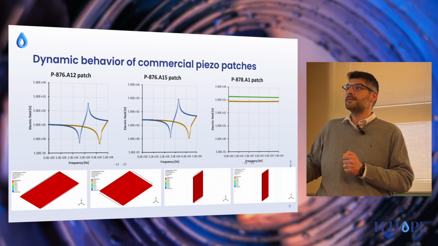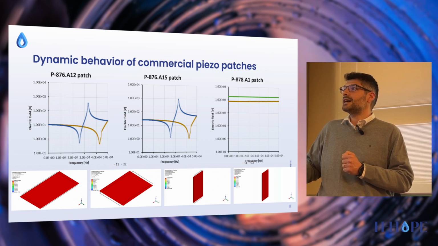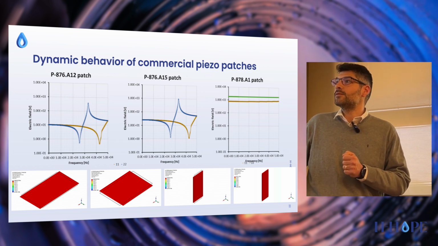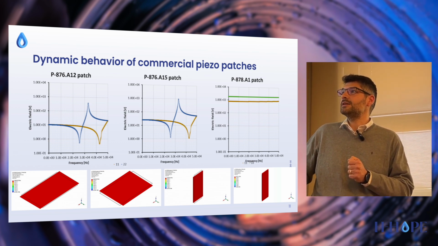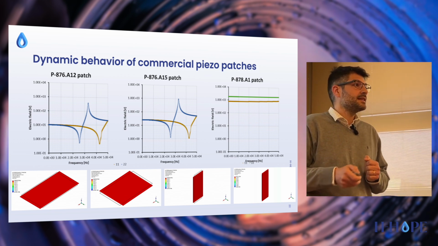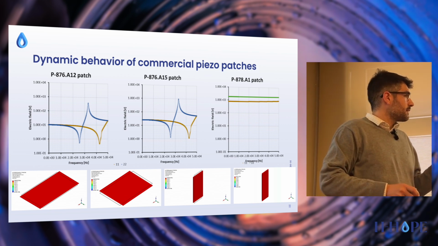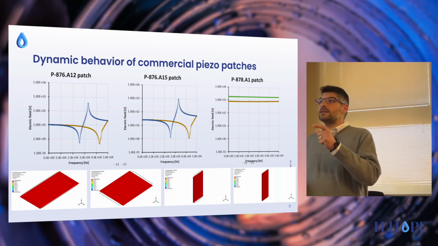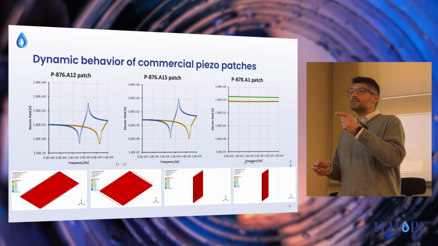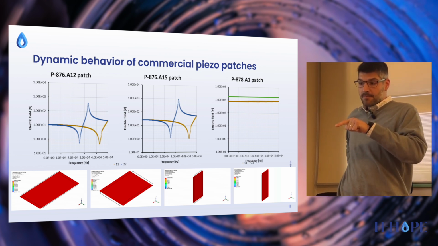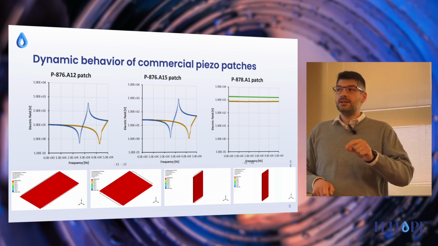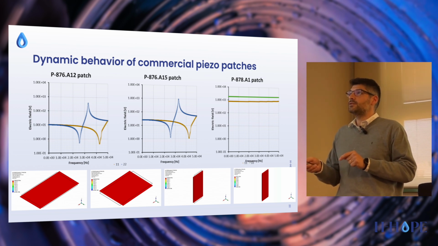More or less the voltage is the same for both directions, but the natural frequency changes. That is because the length of the piezoelectric patch is what determines the natural frequency of the material.